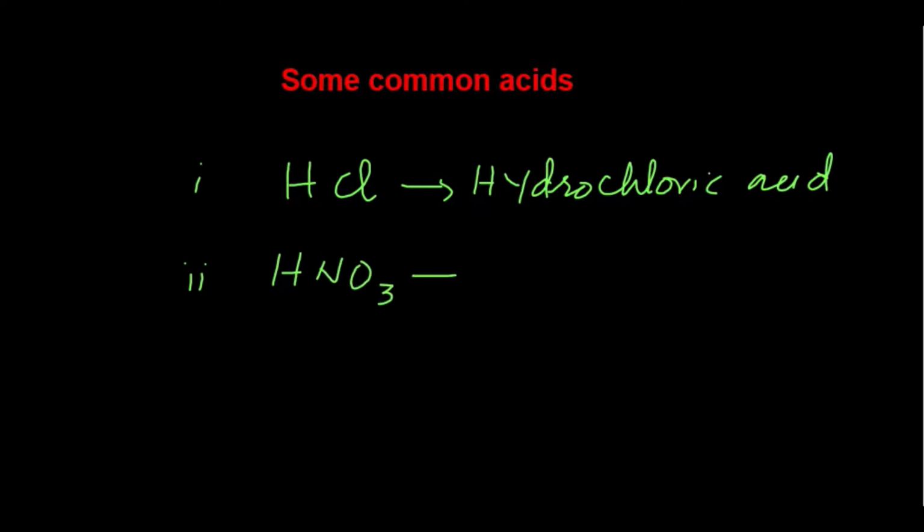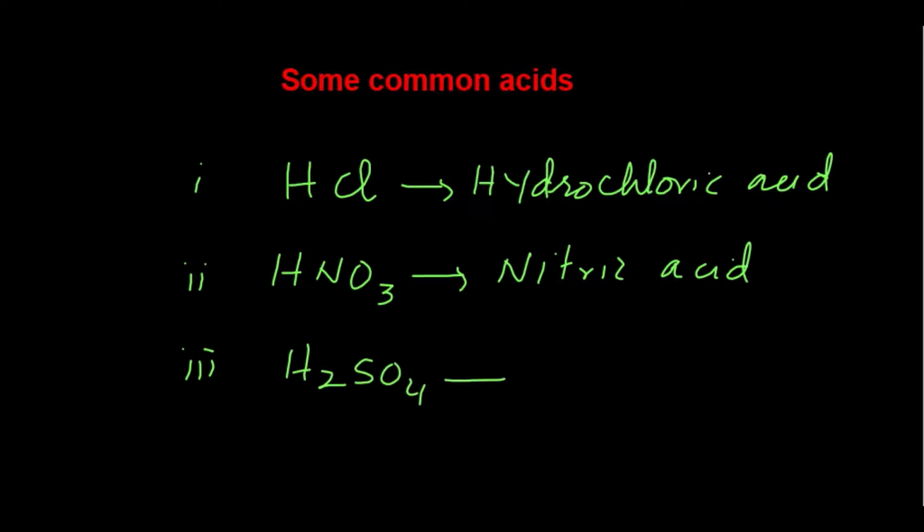HNO3 is known as nitric acid. Similarly, students, we have another important acid, H2SO4. H2SO4 is known as sulfuric acid. Right, students?